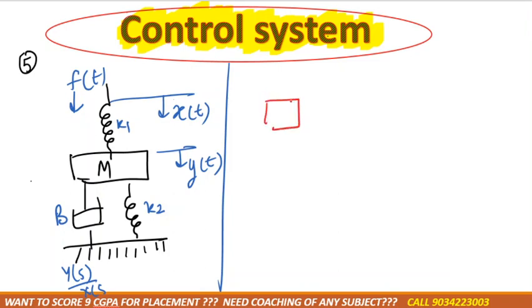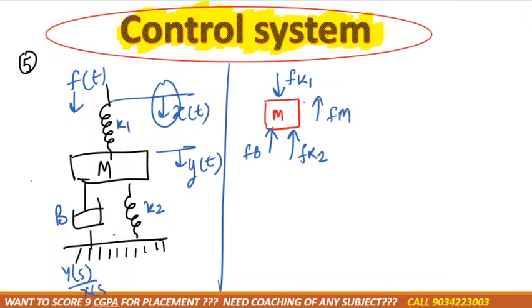Place a mass, right? Now as you can see, there are two springs, right? In this case, the spring is moving in the downward direction. So the spring force is in the downward direction, right? Now in this case, the damper is moving in the upward direction. It is F of B, and spring K2's force is also in the upward direction, Fk2, and the force of the mass will be in the upward direction.